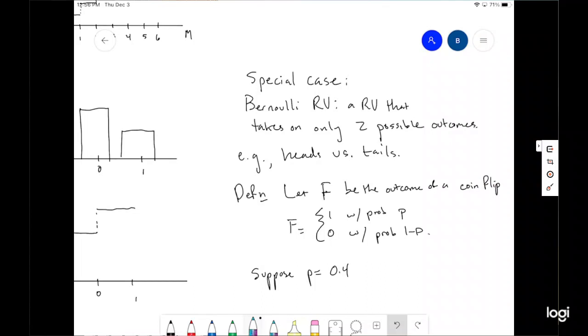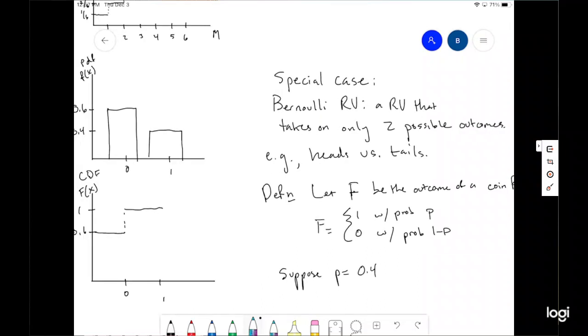Why 1 minus P? Well, we know that the probabilities of the outcomes have to sum to 1, and so if the probability of the outcome 1, maybe tails, is equal to P, then the probability of the other outcome has to be 1 minus that. So let's suppose P is equal to 0.4, and let's draw the PDF and CDF.